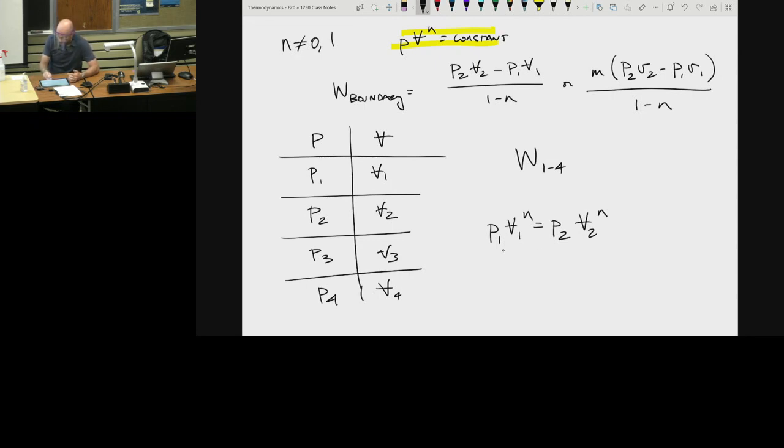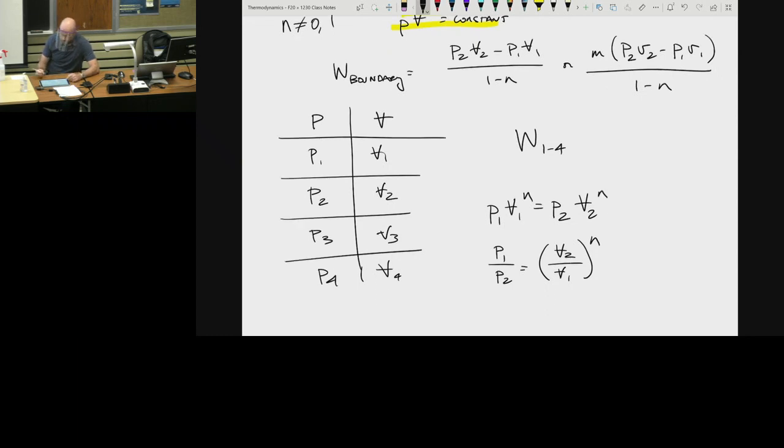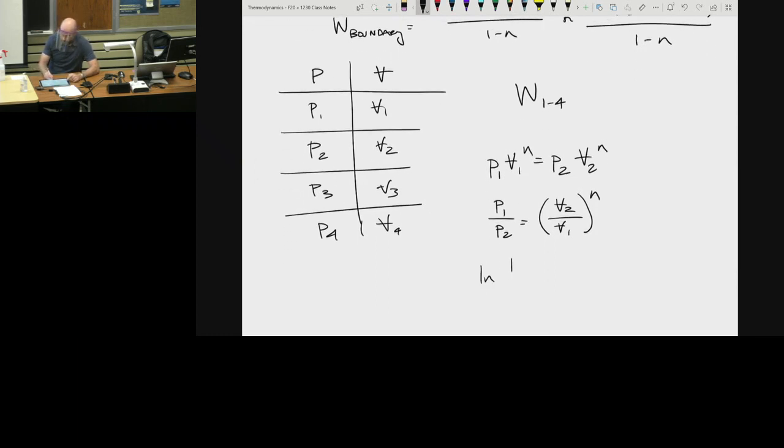Okay, so I'll just show you here. We're going to go P1 over P2 is equal to (V2 over V1) to the n. That's the first thing we can do using the rules of exponents. And then we can use logs here. Basically, ln of (P1 over P2) is equal to n times ln of (V2 over V1). And now it's pretty easy to solve for n.